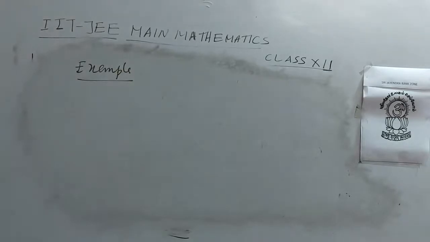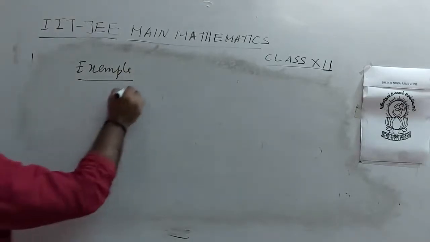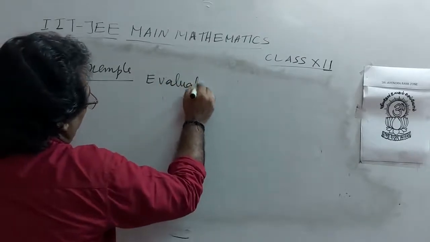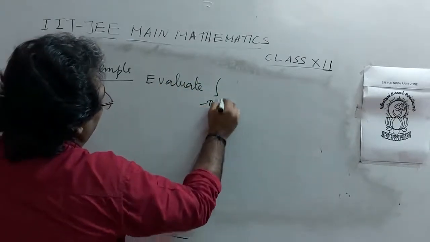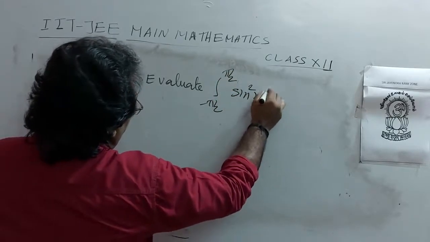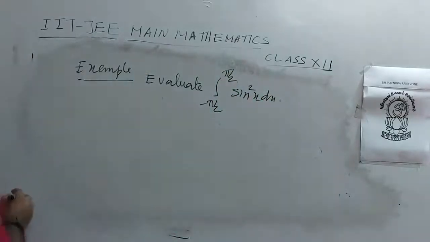So, example: evaluate integral minus pi by 2 to pi by 2 of sin squared x dx.